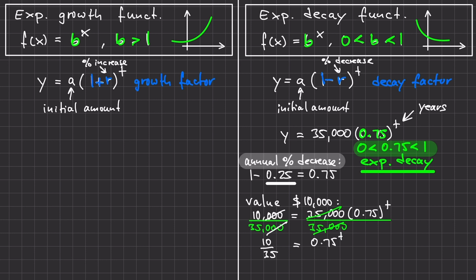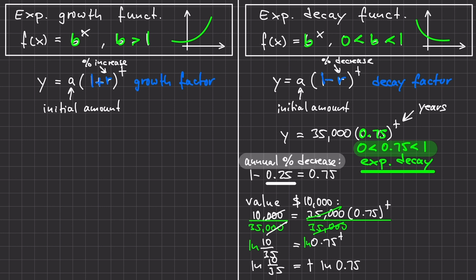And after taking the ln on both sides and bringing down the exponent t, using the power rule, we get ln of 10 over 35 equals t times ln of 0.75.